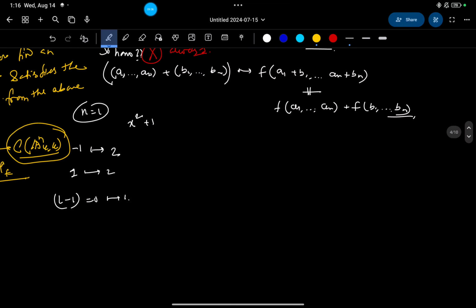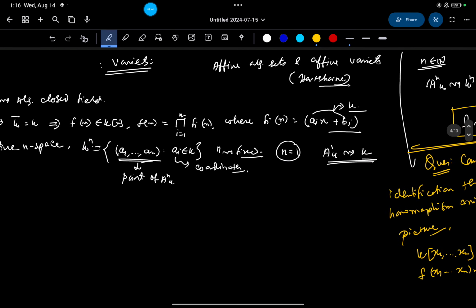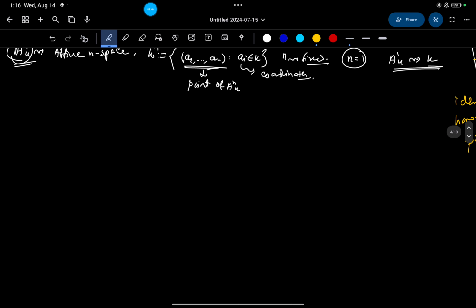Okay, so I have defined the zero set of a polynomial, so let us denote it as Z of f. So let us consider that, suppose T is a subset of k[x1, ..., xn]. So what about Z of T?